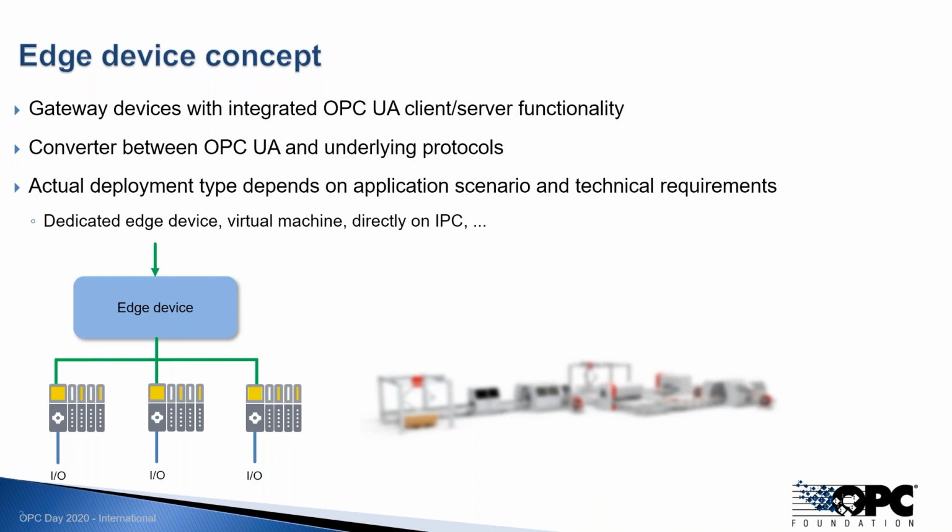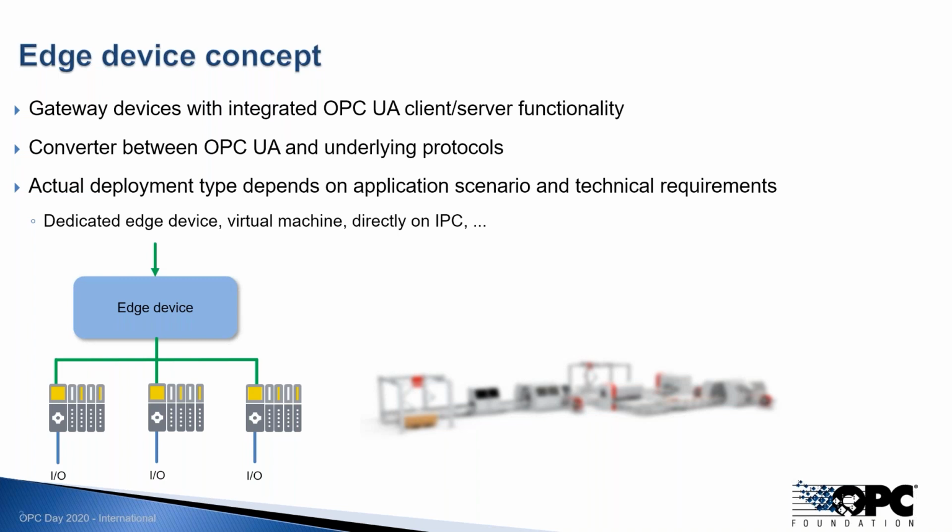An edge is now putting a bit more into this device. It's not only forwarding the traffic through the device, it's also the edge which is actually processing something. So we could put something like a UA server or a software component on this edge device and then use that to transform the data, not only to forward it.